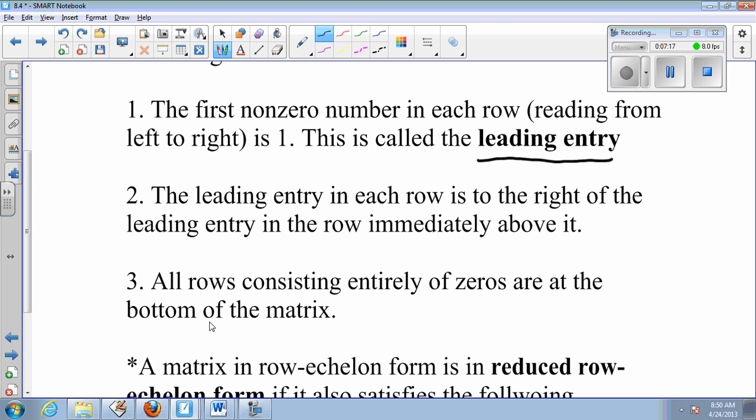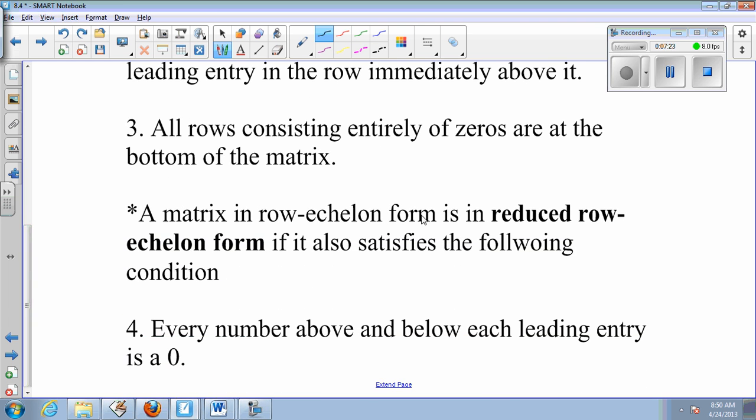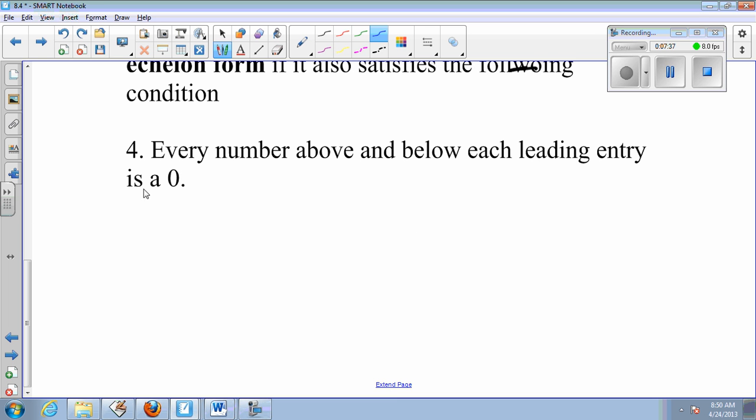All rows consisting entirely of zeros are at the bottom of the matrix. And then to get it into reduced row echelon form, every number above and below each leading entry is 0. So reduced row echelon form.